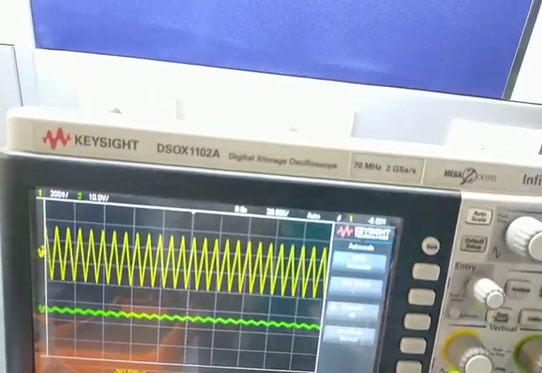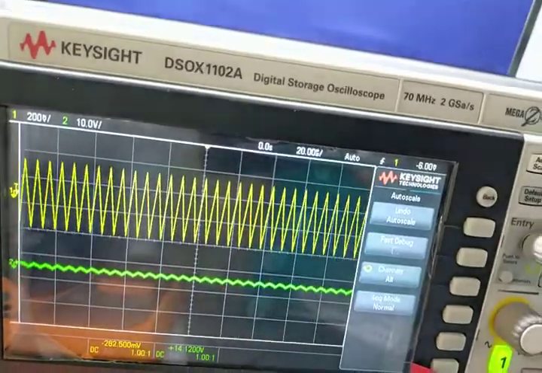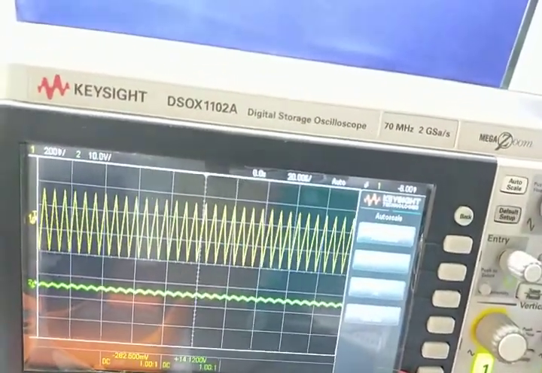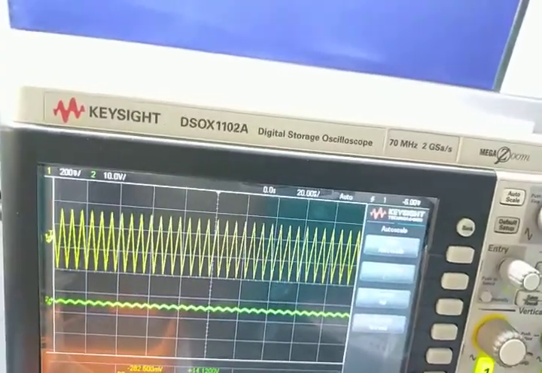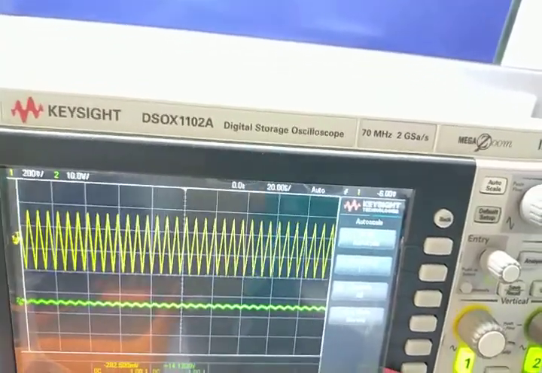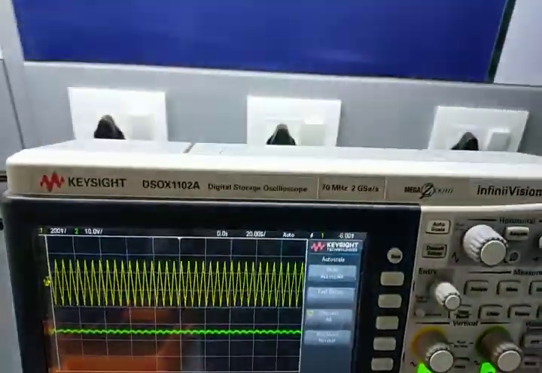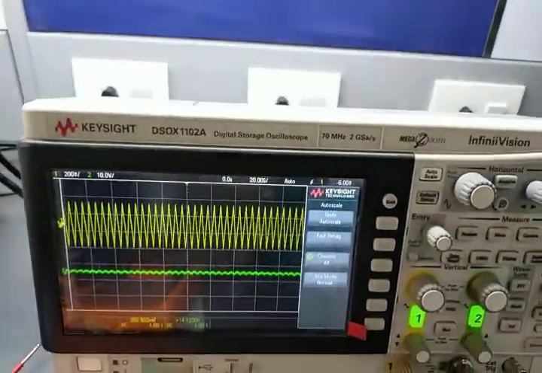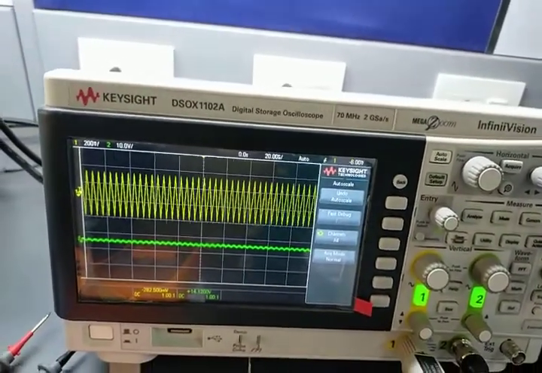Now you can see our output signal is approximately a straight line, at 166 kilohertz, or you can increase the frequency until you get a straight line.